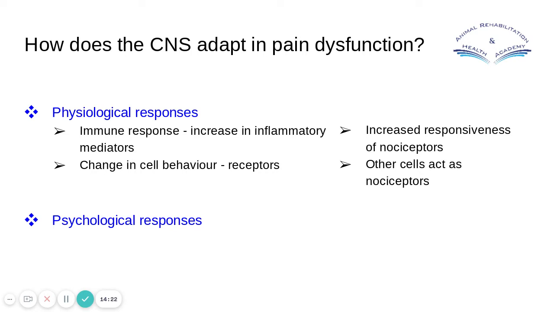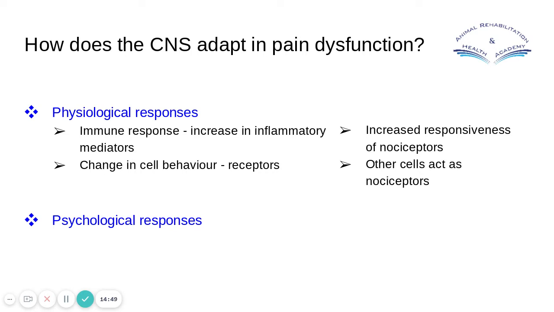And there can be a change in cell behavior. So with our receptors, what might have been a proprioceptor might be changed into a nociceptor, and what might have been a nociceptor might change into a proprioceptor. They do communicate in the dorsal root ganglion, and they can change their behavior, if you like. What this can lead to is increased responsiveness of nociceptors.